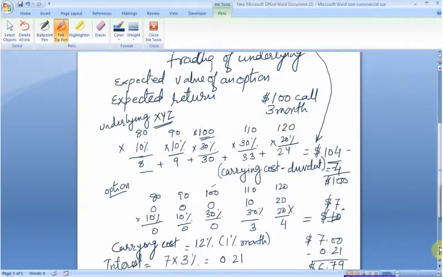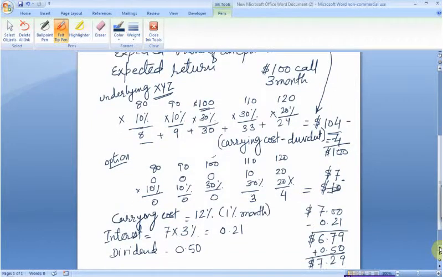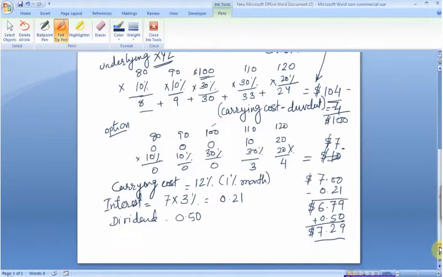And when we talked about the simple pricing model, and we saw that in an arbitrage free market no money can be made by the trading of the underlying, we calculated the value of the option as $7.29.